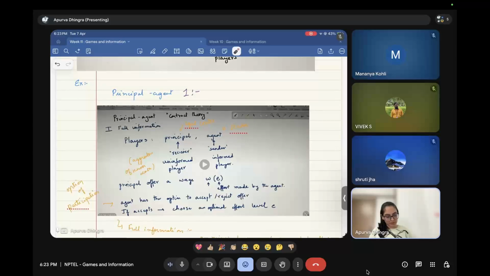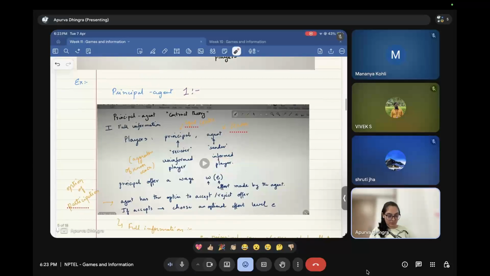Or in other words, I said it the opposite way actually. Agent is the sender, so he's the player who has all the information. That's why he's called the informed player. And principal is the receiver who is not informed about everything.